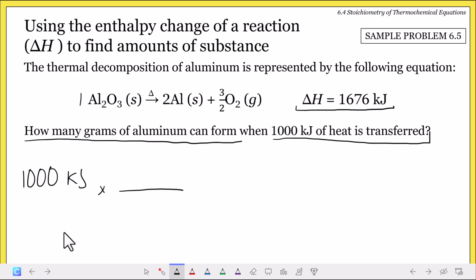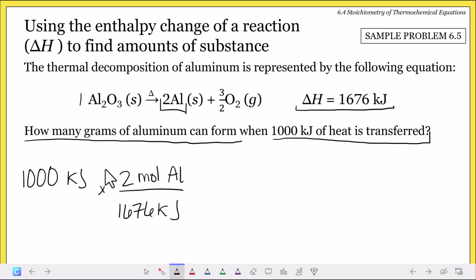So here is how we're going to use this enthalpy as a conversion factor. From our balanced equation, we see that for every 1,676 kilojoules of heat that are applied, we have 2 moles of aluminum released from this compound. So 2 moles of aluminum.